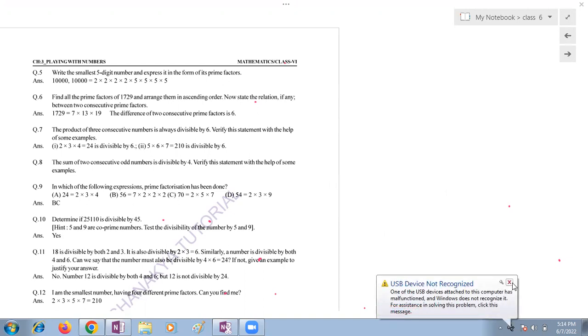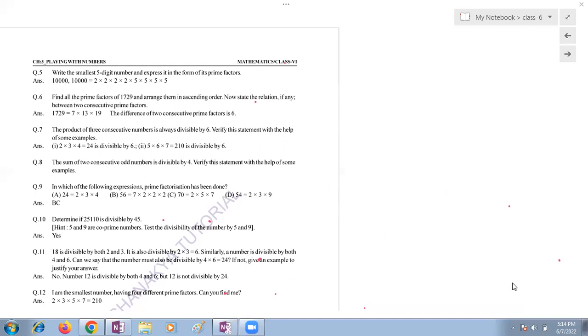Co-prime numbers are numbers which have only 1 as a common factor. Co-prime numbers means the highest common factor, or the common factor, is only 1. Examples are 8 and 15, 5 and 9, 12 and 11.